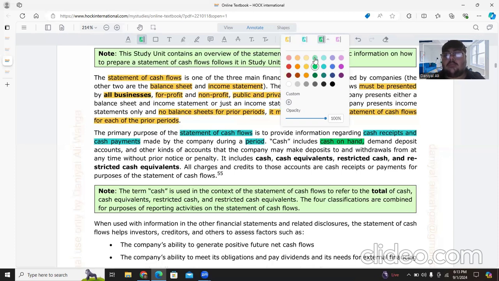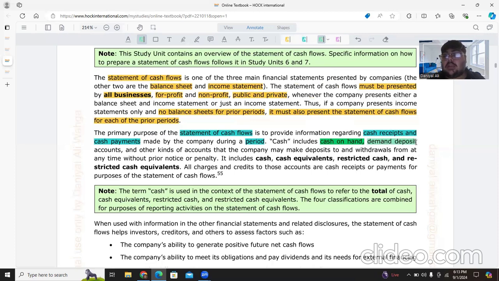Then it explains further: look at the demand deposit accounts. All of these are just components of cash. Then look at all the accounts in which the company can deposit or withdraw at a certain time in its hour of need.